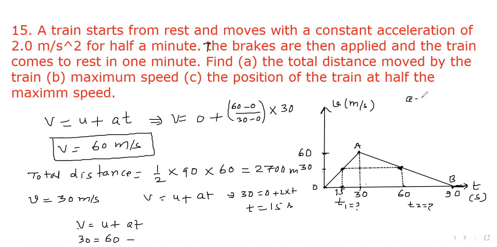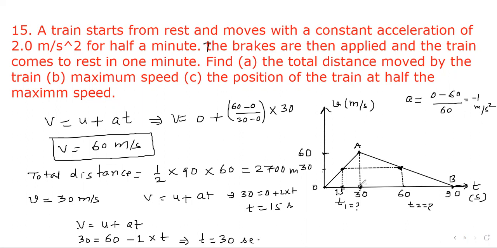So we can find it. a will be: final speed becomes 0, initial speed is 60, divided by the corresponding time, 30 to 90 means 60. So it will be minus 1 meter per second square. So we can write here minus 1 times t. If we evaluate, we will get t equal to 30 seconds.